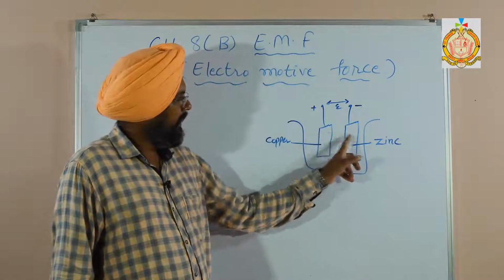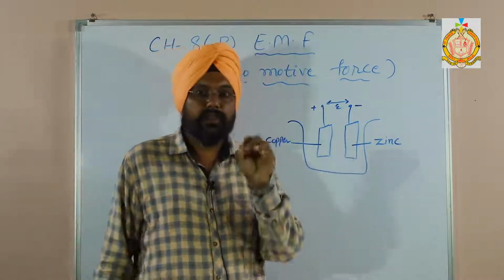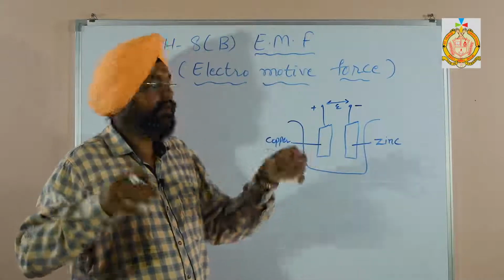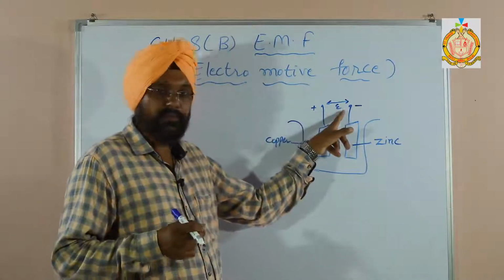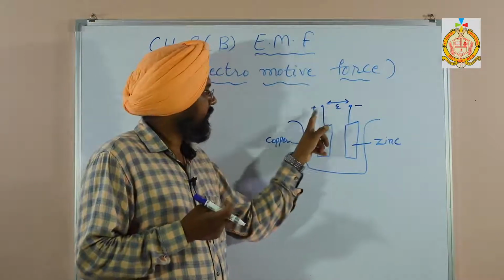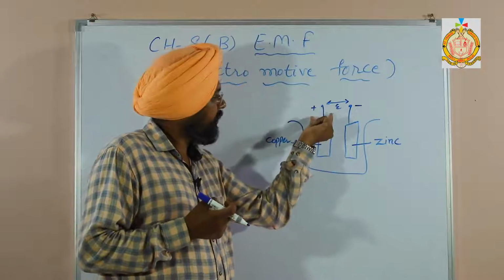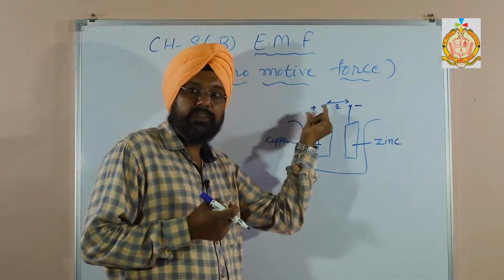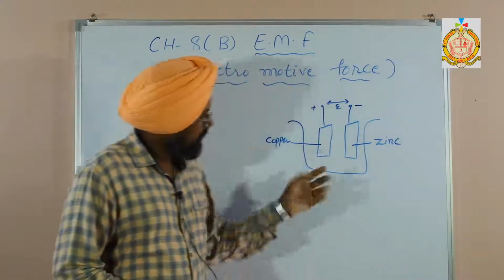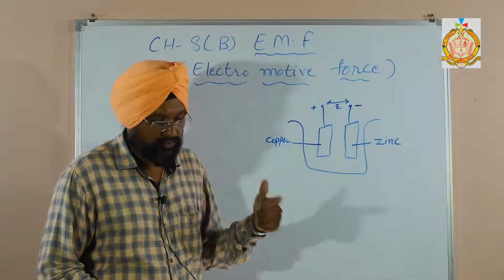These are called electrodes. In your home there is a battery, and that battery has two electrodes. In the car, in the tractor, everywhere a battery is there, and it has two electrodes, one positive and one negative terminal, and they are also called electrodes.